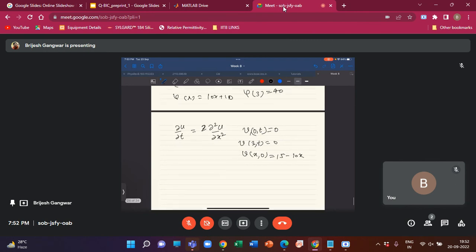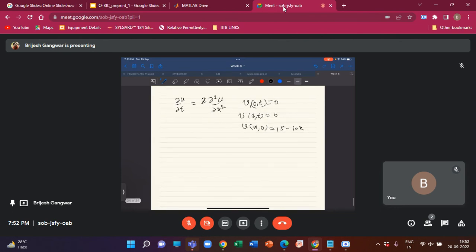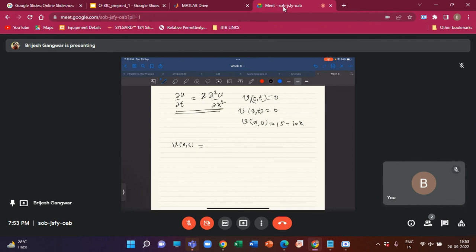Okay, so you can easily find this v(x, t) equal to, you can solve this heat equation as a simple boundary value problem.